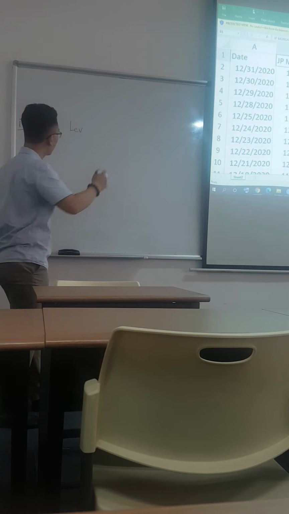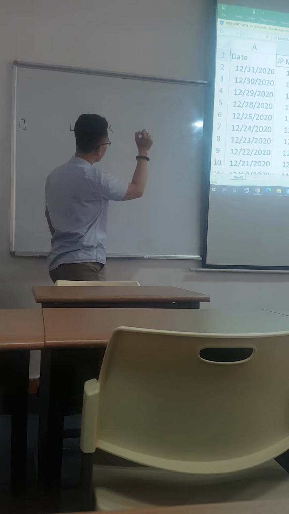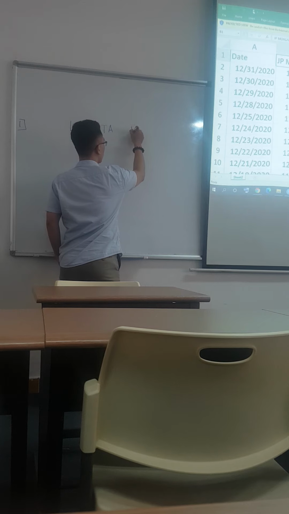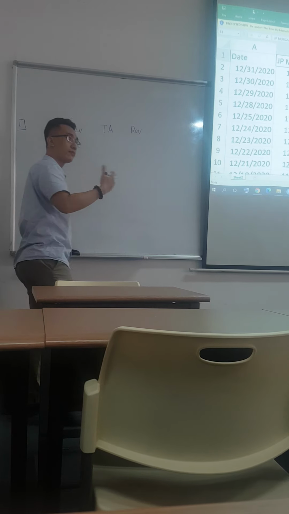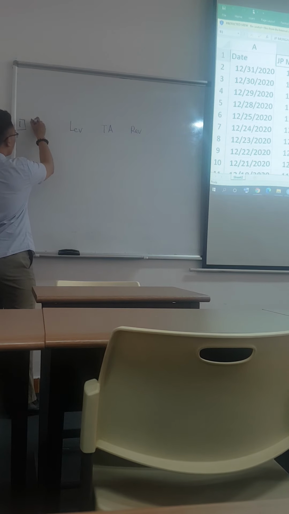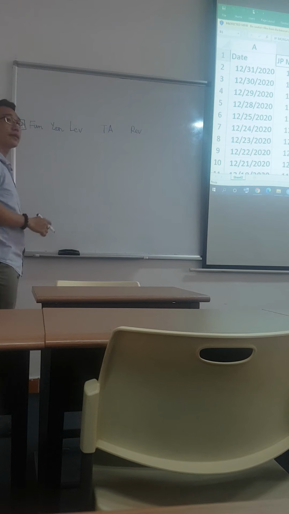Leverage, might be total assets, might be the revenue. Okay, so some variable names. And this one is going to be the firm. And this one is going to be the year. For example, you have yearly data.